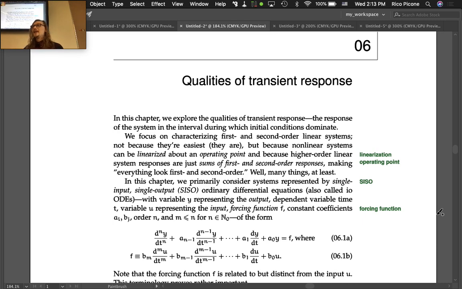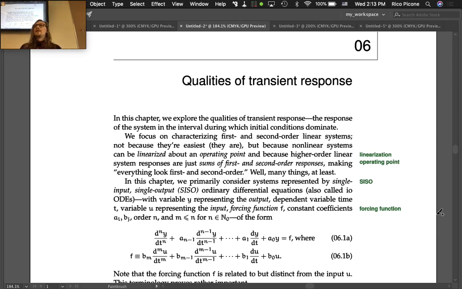So we'll explore this a little bit more later, but for linear systems at least, you're going to see all the same characteristics in responses of higher order systems. You're just going to see the first and second order responses summed together in those higher order responses. So it's a very useful thing to learn very thoroughly how first and second order systems respond, because higher order systems will also respond like that.